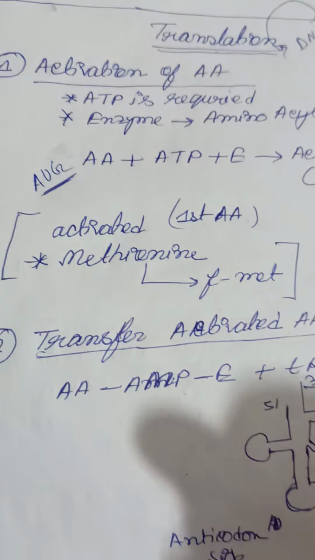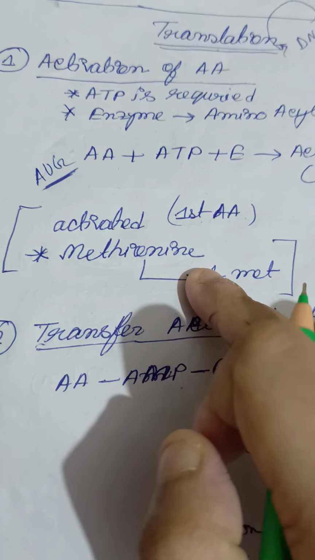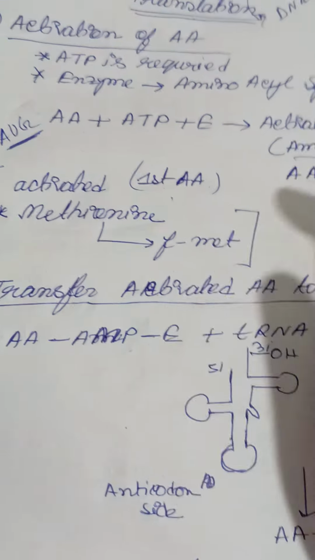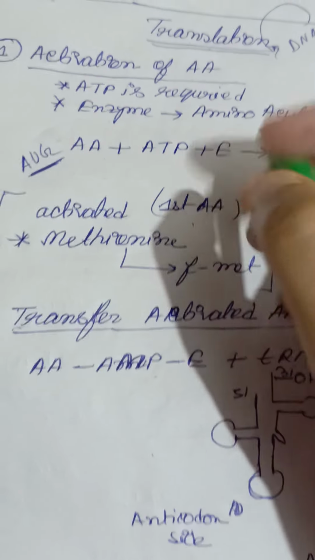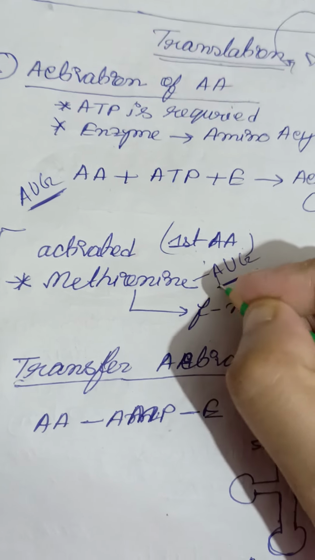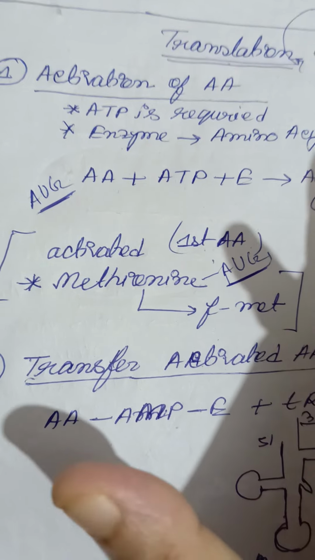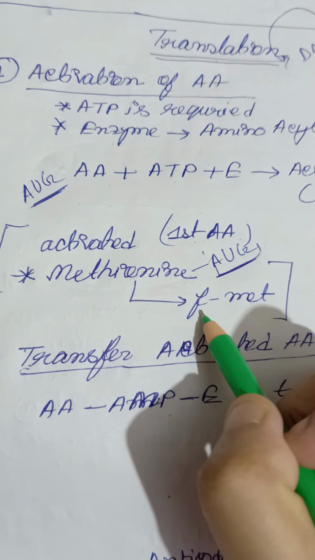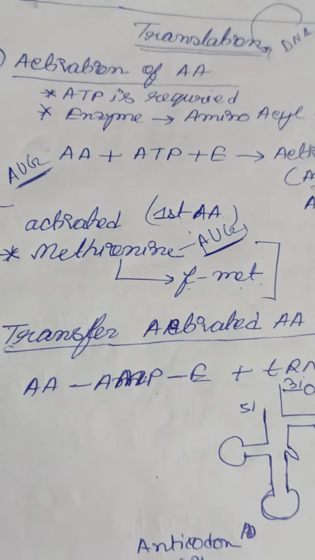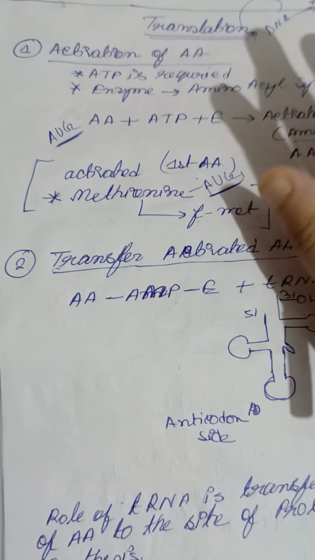When protein synthesis starts, this methionine amino acid will be synthesized first, and its codon is AUG. So this codon AUG is responsible for synthesis of methionine. This is always in the active form, and this is called F-met. Okay, this is called F-met. This is the first amino acid which will be synthesized when protein synthesis begins. So in the first step, the activation of amino acid is done.